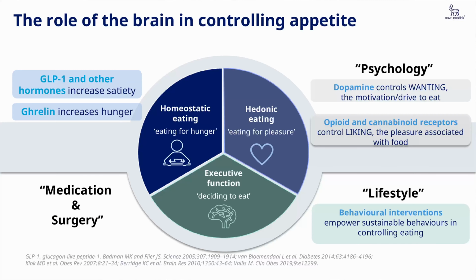Now, I have already talked about the three bits of control of appetite. The first is homeostatic eating, the second is hedonic eating, and the third is the executive function. If you are looking at drugs which work at each of these levels, you will see that the GLP-1 and the satiety hormones and the ghrelin, they are all involved in the pathway of homeostatic regulation of appetite. So, if you are using GLP-1 drugs, you will find that the homeostatic eating will be suppressed.